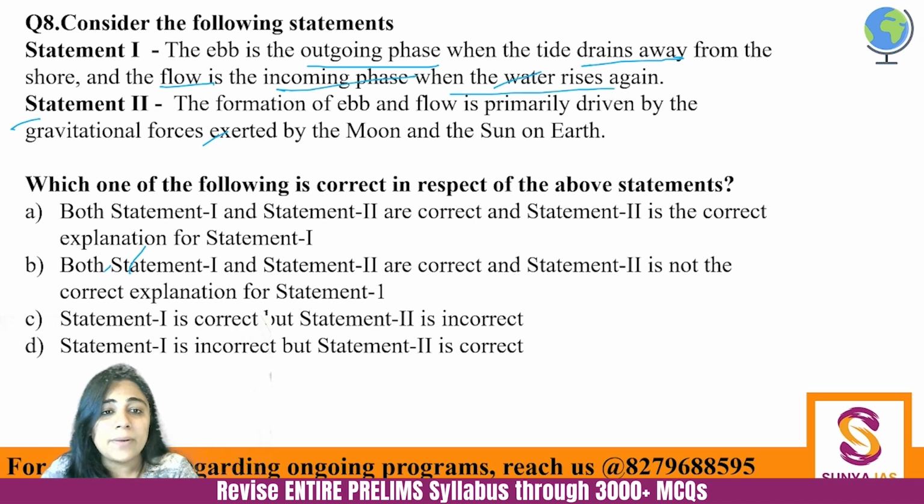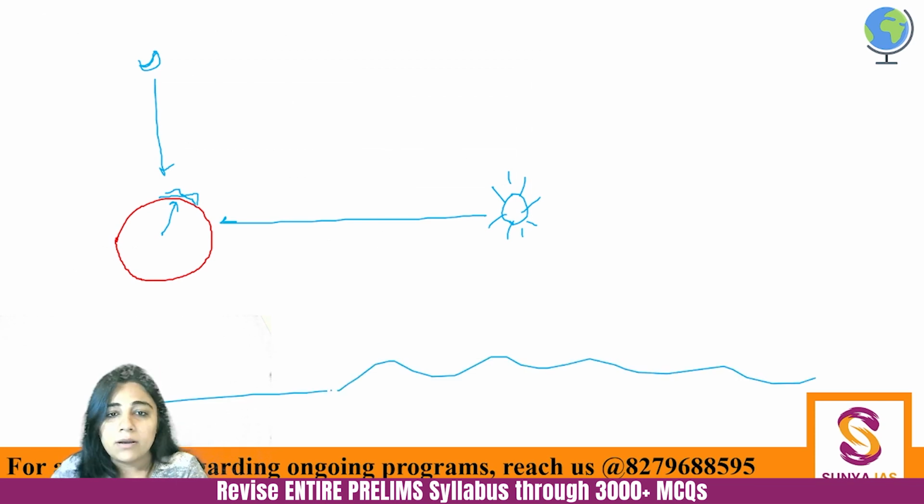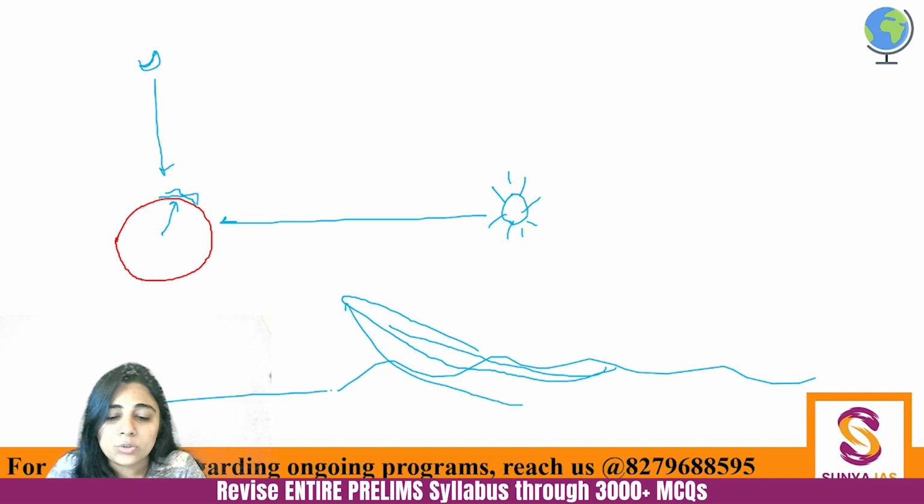Up above, you were seeing it from the space perspective. Now see it from the beach perspective: this is the beach and this is the water, the sea. So what is ebb? Ebb is when the tide has come and now it is going back. It is flowing back towards the ocean.